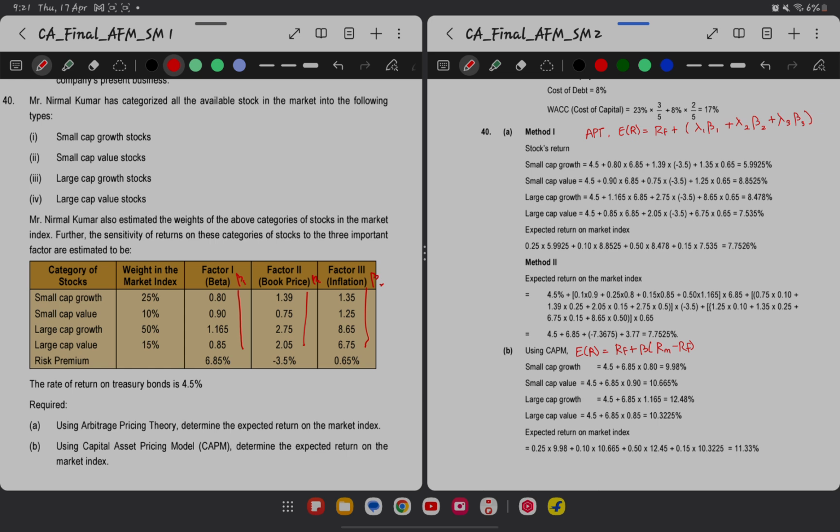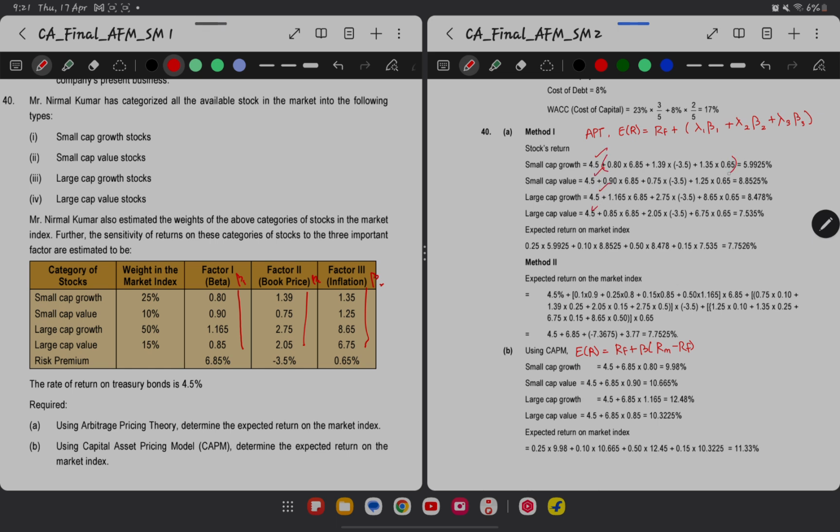expected return, right? Okay. For that we will be calculating the APT expected return for individual stocks, then we will be multiplying with these weights to get the expected return on the market index. Individually we'll be finding out, since they have given the risk-free return as 4.5 percent, so the risk-free return will be taken care of here, and in all these cases the risk-free return is the same.